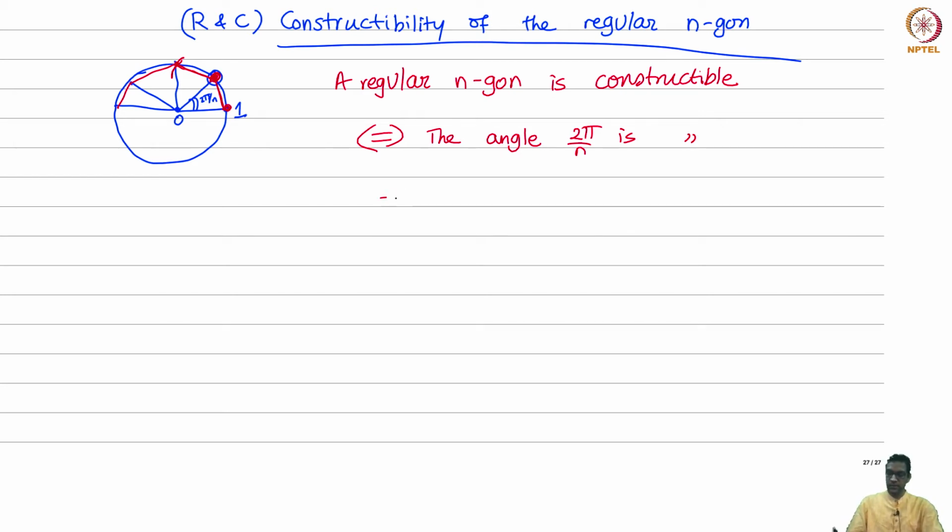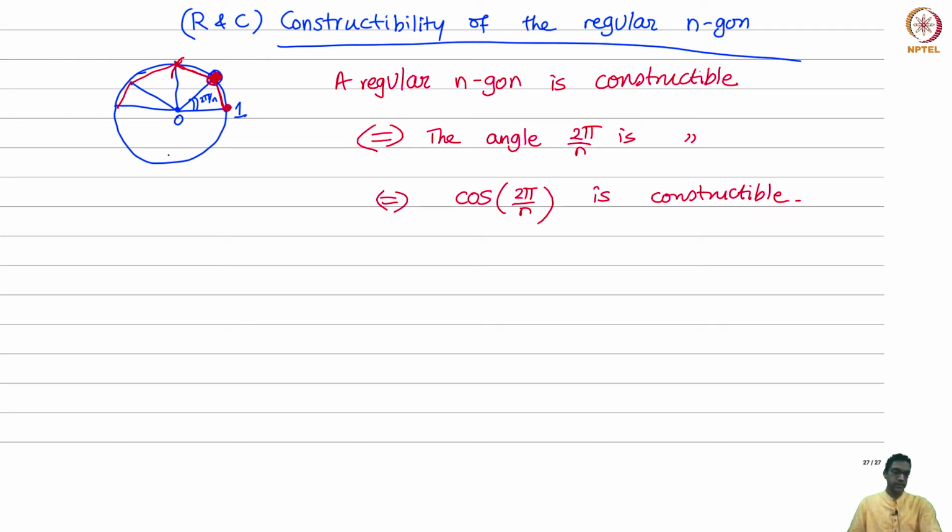And recall, we have looked at this before, constructing an angle is the same as constructing this point here on the unit circle, and that point has coordinates cos and sine of 2 pi by n. So this is the same as saying cos of 2 pi by n is a constructible real number. We have seen this before already. If cos can be constructed, then sine can also be constructed, because once you know cos, you draw a right triangle and so on.